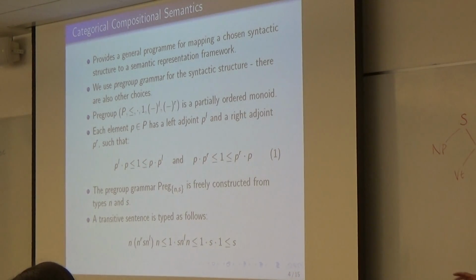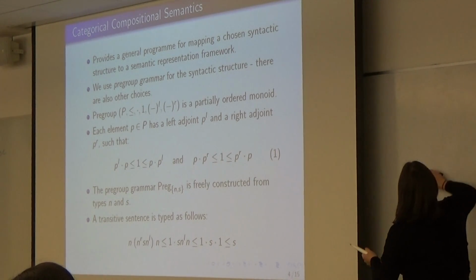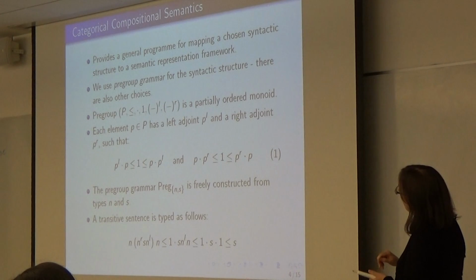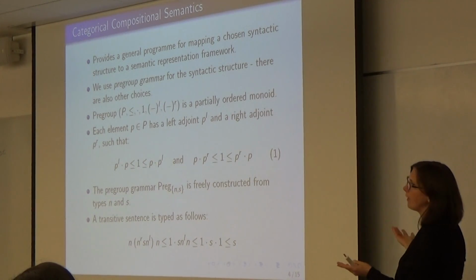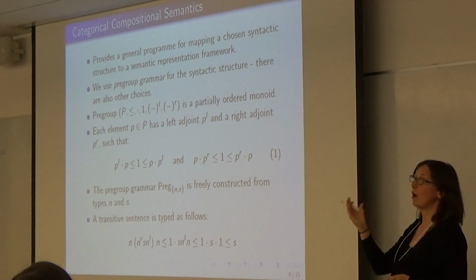I won't go into loads of detail, but just to give some other examples, that was a transitive verb, so that's like "likes", for example. You can also have intransitive verbs, like "runs".